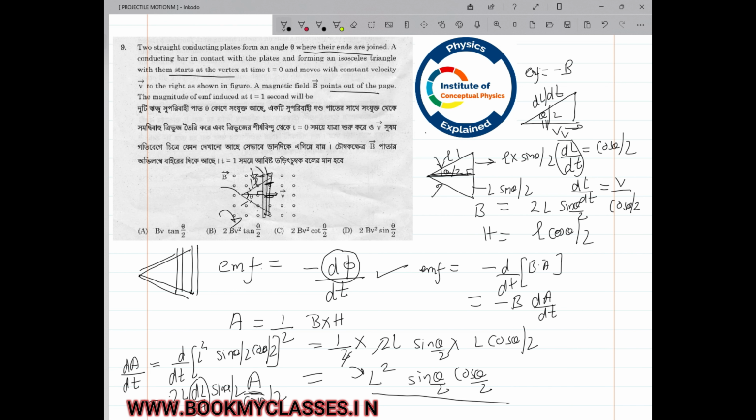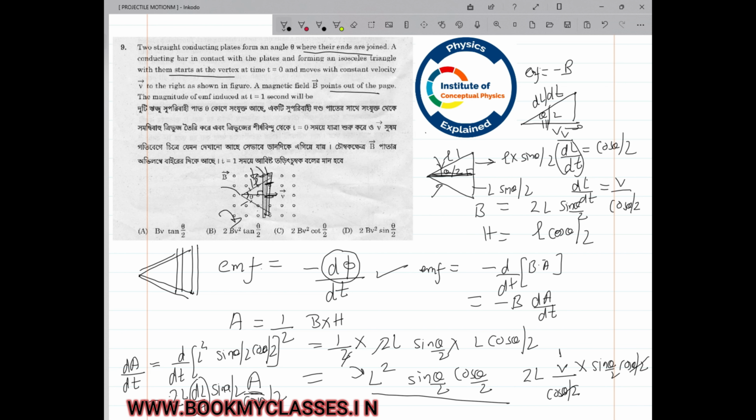So I already have an L here. So what I do is I write this as 2L, and then I write it as v upon cos theta by 2, right? Because my dL by dt in terms of velocity is this. So I've written 2L, I have written dL by dt into sine theta by 2 cos theta by 2.